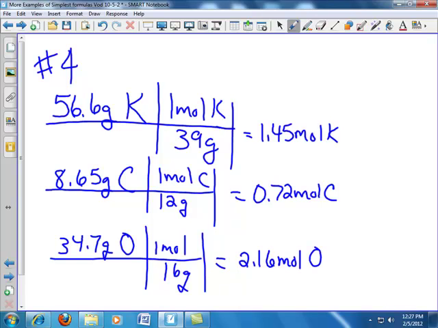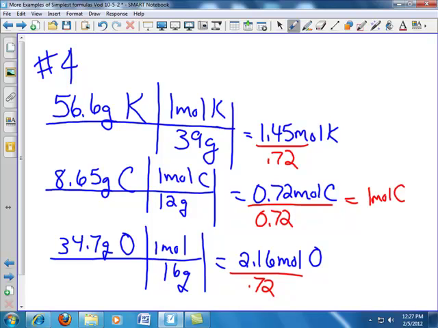Okay, so there's my math. Divide all of them by the smallest number of moles, which is the 0.72 in this case. So this math is going to come out to be 1 mole of carbon. This one comes out to be 2 moles of potassium. And the bottom one comes out to be 3 moles of oxygen.